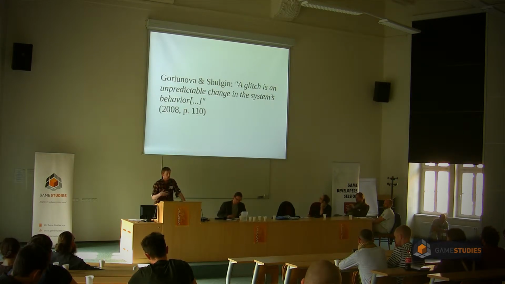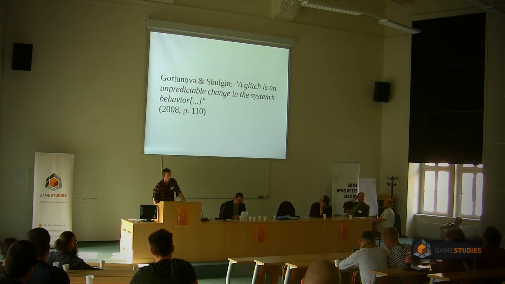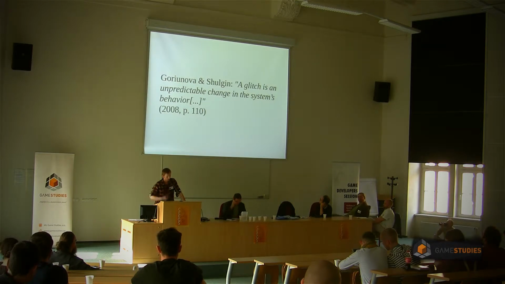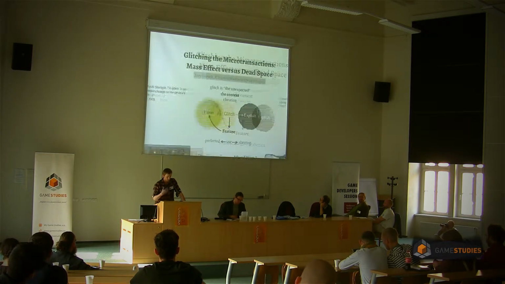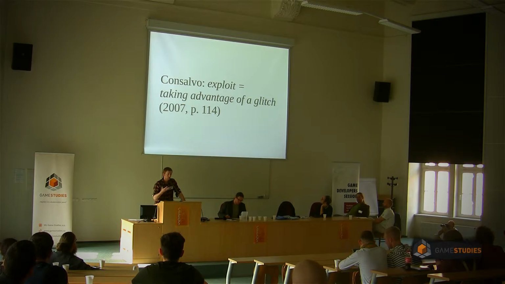Now that we have some basic idea what a glitch is, what is its role in the context of cheating? Let's move to Gonçalves' book on cheating, and she defines exploit as taking advantage of a glitch.